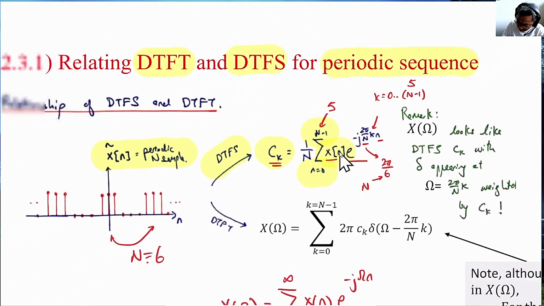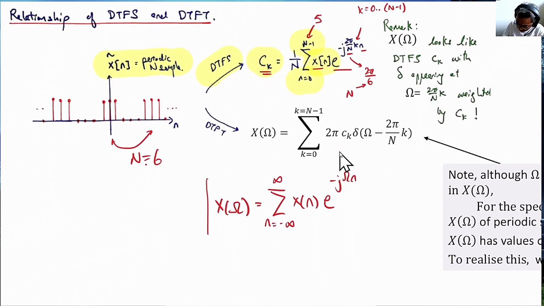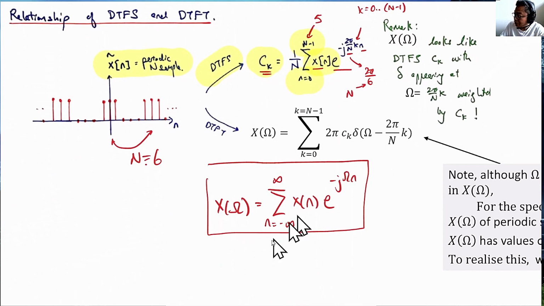Now, the typical DTFT equation is this. And when you try to use this equation to calculate the DTFT of the periodic sequence, you realize that you have no chance, simply because n equals minus infinity to infinity exists for this periodic sequence.